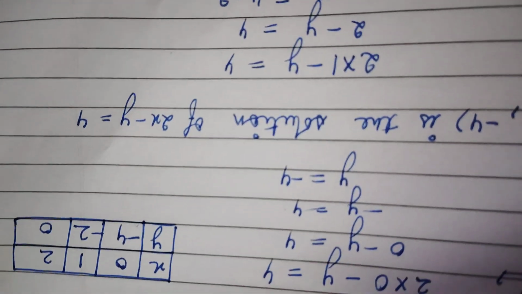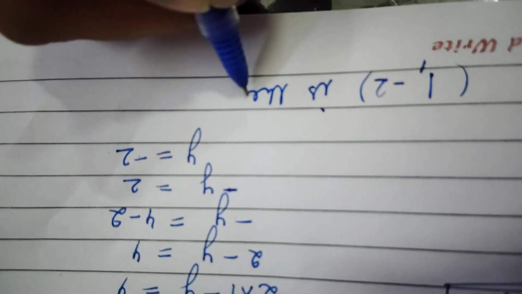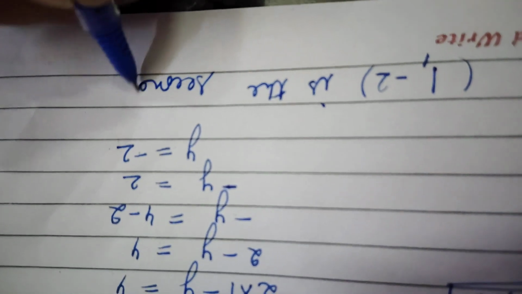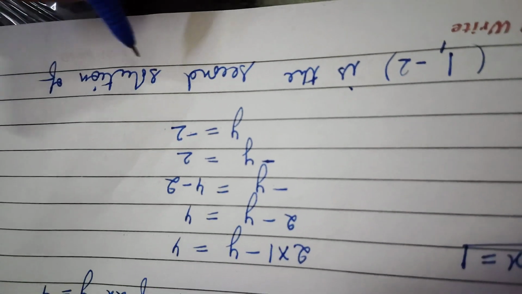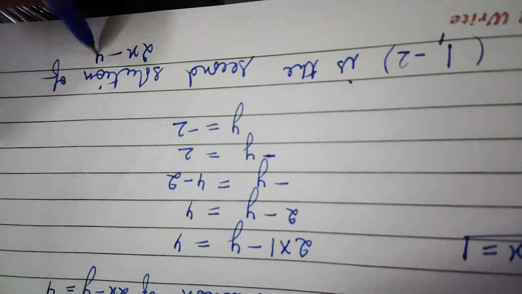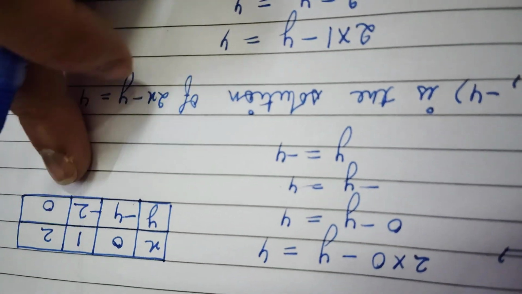So the next solution is (1, minus 2), the second solution of the given equation 2x minus y is equal to 4.